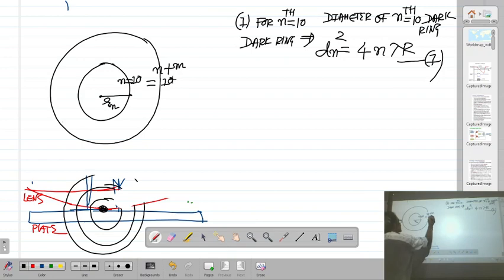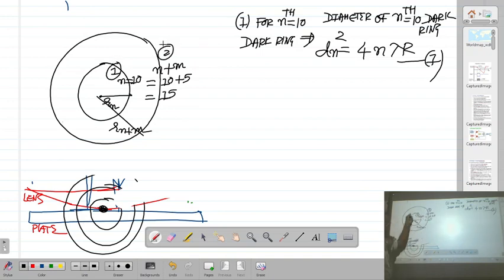N is 10. Suppose I take m equal to 5, so the 15th dark ring, whose radius is r(n+m). So I am considering two rings. The first dark ring is the 10th dark ring, its radius is rn. The second dark ring is 10 plus 5, the 15th dark ring.